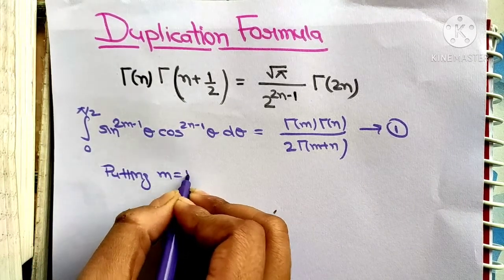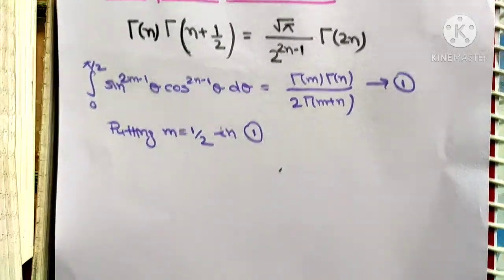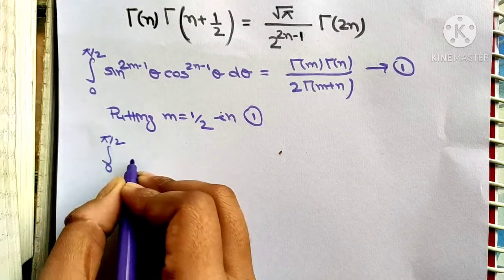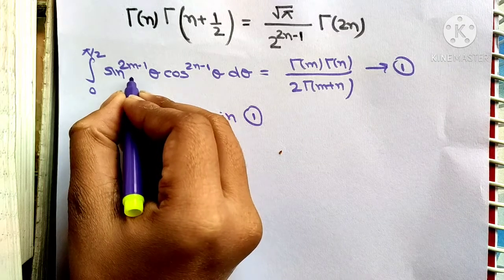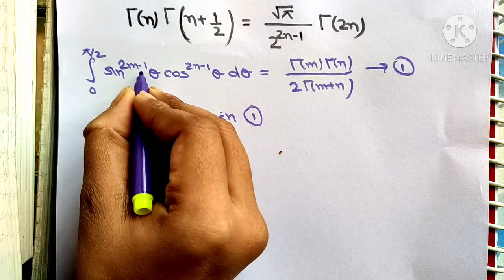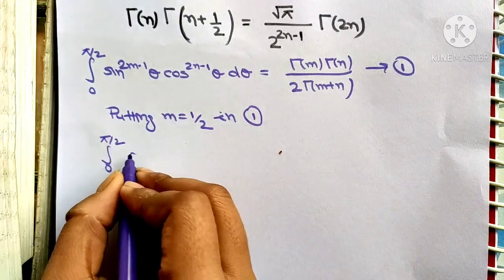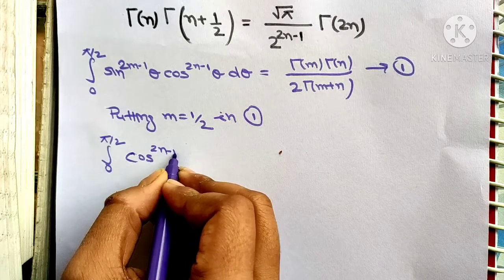Putting m equals 1 by 2 in equation 1, we get the integral from 0 to pi by 2. Sine becomes sin^0 theta, so it becomes 1. So the term cos theta remains as it is.